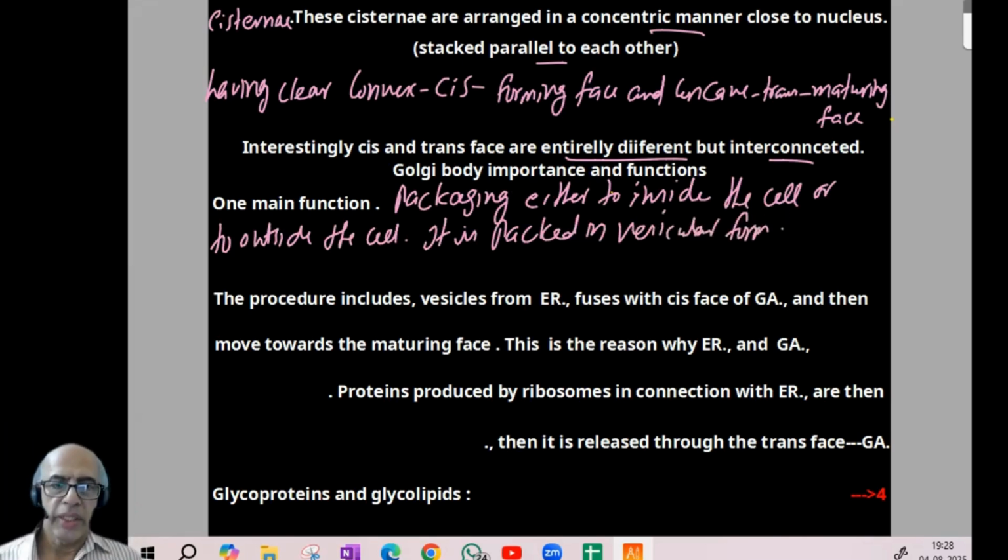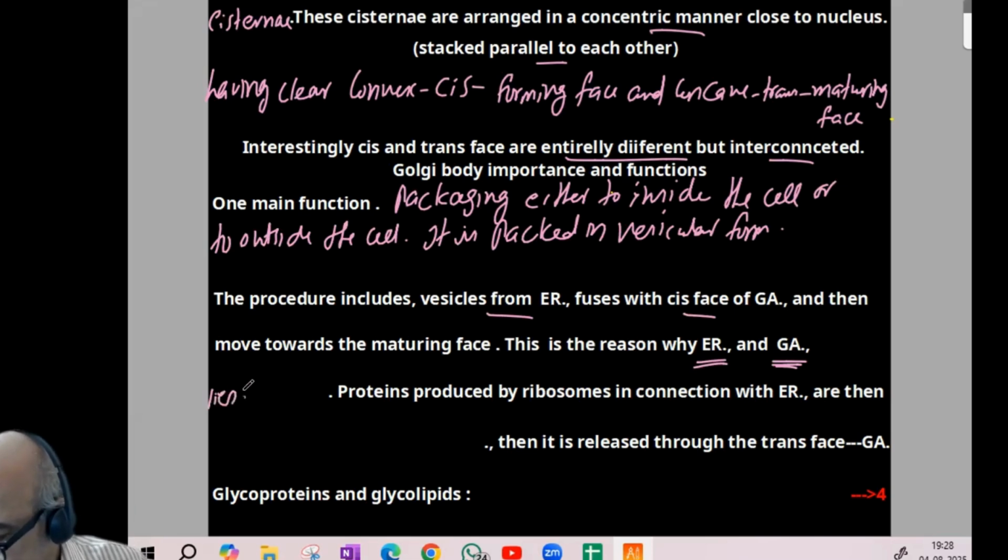Now, what is the procedure for this? Vesicles from the ER fuse with the cis face, that is why it is called forming face, of the Golgi apparatus, and then move towards the maturing face. This is the reason why we find endoplasmic reticulum and Golgi apparatus lying close.